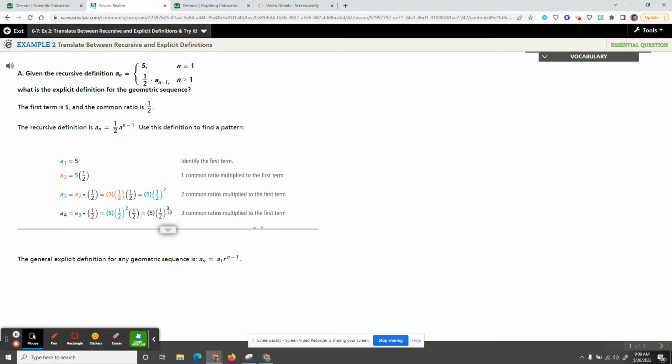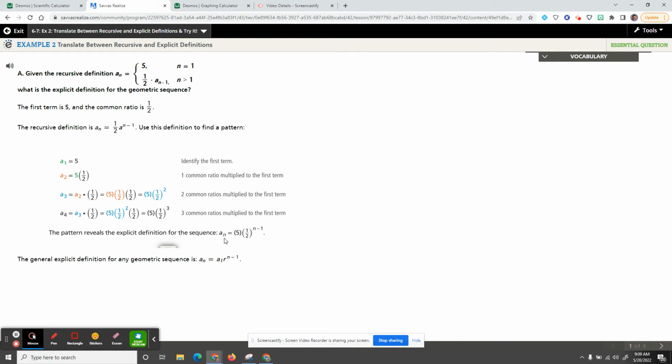So the pattern there is the exponent is 1 less than the term you're looking for, right? When the exponent is 3, it's the fourth term. When the exponent is 2, it's the third term. So what we can do is write a formula that covers any term in the sequence where the exponent is n minus 1.